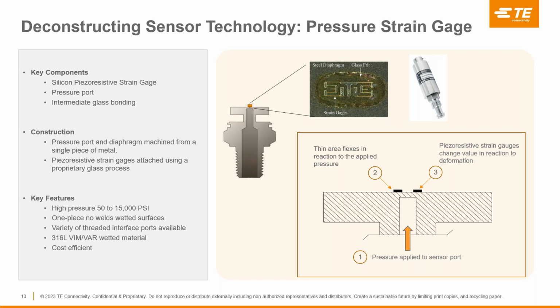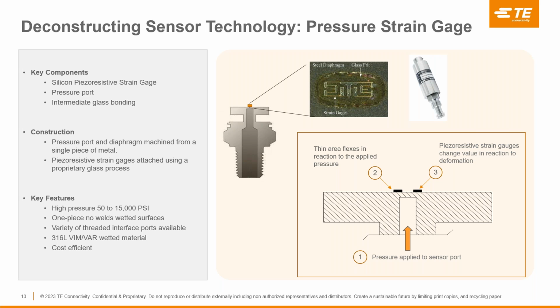Silicon strain gauges are attached in strategic locations to the diaphragm using a special glass process at high temperature. As shown in the diagram on the right, as pressure is applied through the sensor port, the strain gauges deform with the diaphragm and the resistance changes accordingly.